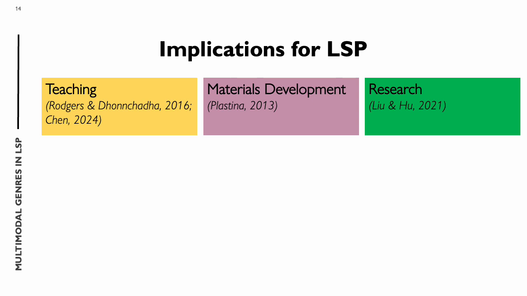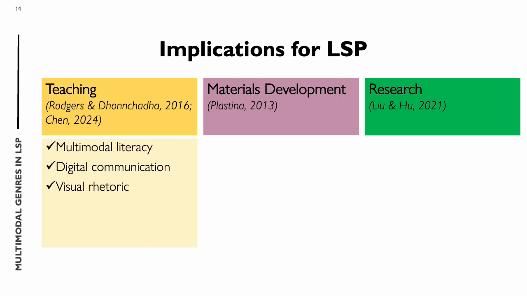These developments have major implications not only for LSP teaching but also for materials development and future research. First, multimodality is reshaping what it means to communicate effectively in academic and professional contexts. Traditionally, LSP often focused on specialized vocabulary, grammar, and written communication.